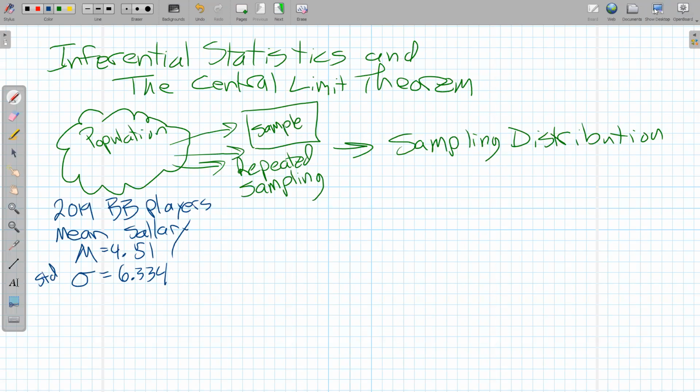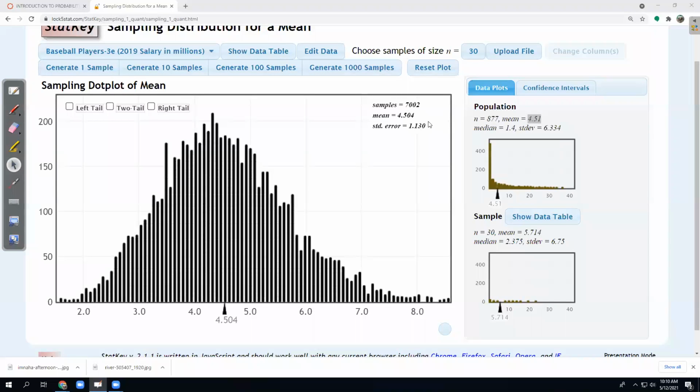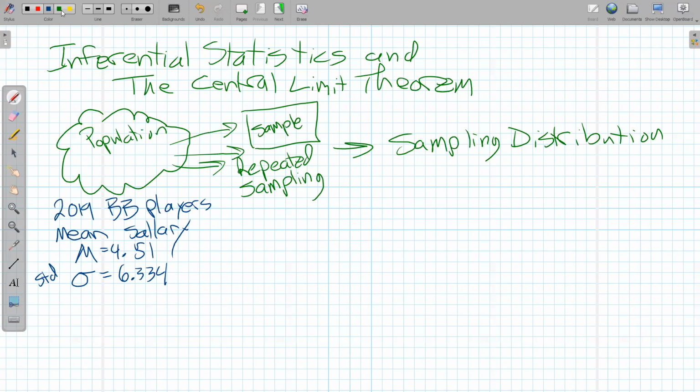Sample. We have tons of samples here. How many samples do I have? 7,200. So I'm just going to pick one of them in this region over here. All right, so one of my samples, n equals 30, had a mean x bar of 4.82.